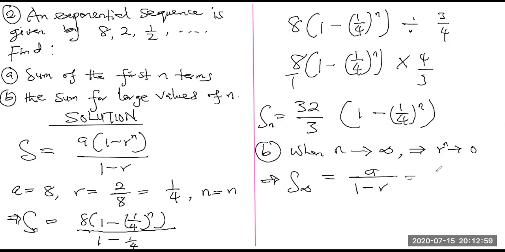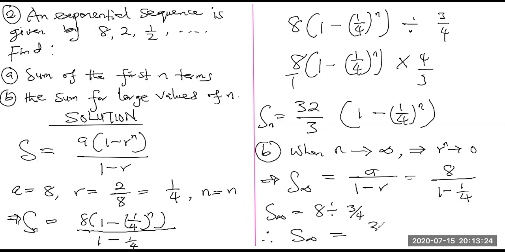That will give us a is 8 from the question over 1 minus r, which is 1 minus 1 over 4, giving us 3 over 4. So sum to infinity will give us 8 divided by 3 over 4. When you simplify, therefore, our sum to infinity will give us 32 over 3.